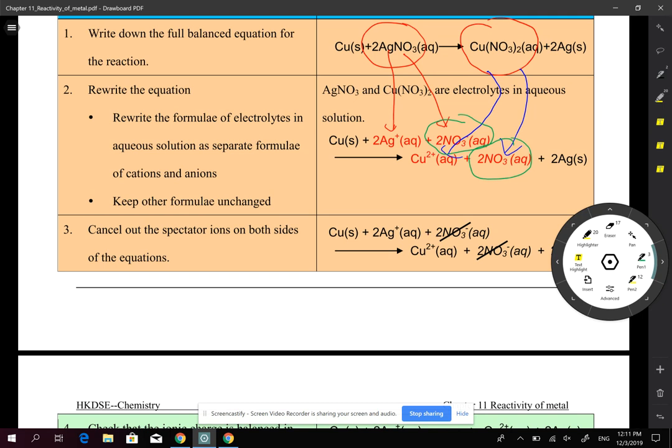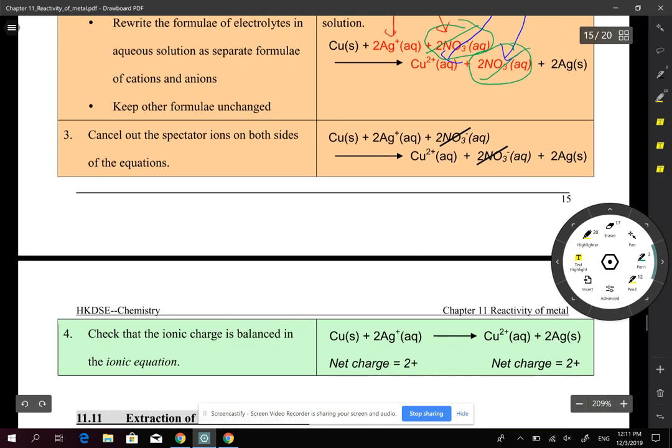No change, right? So we can remove it from the equations because there is no change for the nitrate ion. And we obtain the final equations.